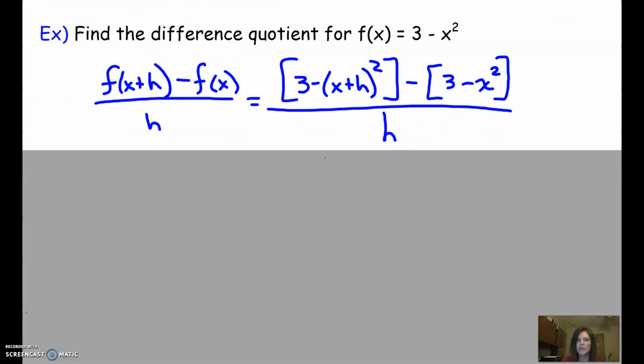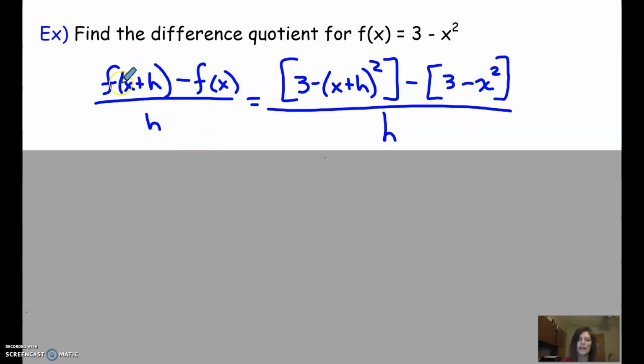The problems become more interesting if we have more complex functions. So let's look at f of x equals 3 minus x squared. So this is a quadratic. If I graphed it, it would be a parabola. Same process. F of x plus h minus the f of x that we're given, always over h. The first part is really the only somewhat tricky part.